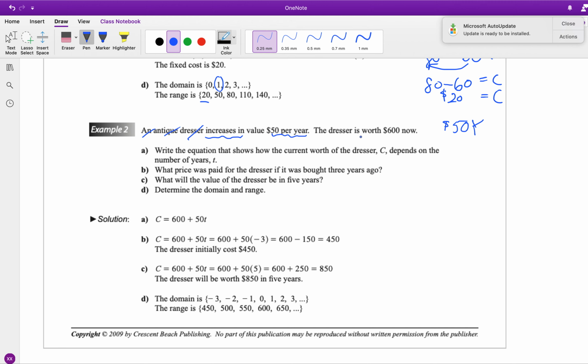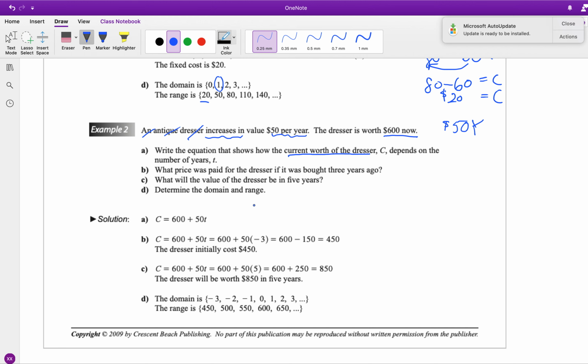Now it says the dresser, or whatever the thing is, is now worth $600. Then it says write an equation to show the current worth of this one. That is C, depending on the number of years T. So what does that mean?